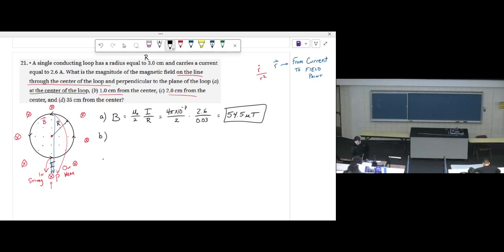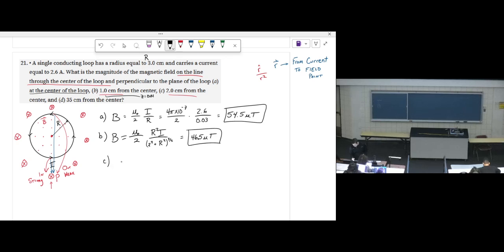Part B, when we're above the center of the loop, we said that the magnetic field strength is equal to mu naught over 2 times R squared times I over (Z squared plus R squared) raised to the 3 halves, where in this case Z is equal to 0.01 meter, and you would end up getting 46.5 microtesla.